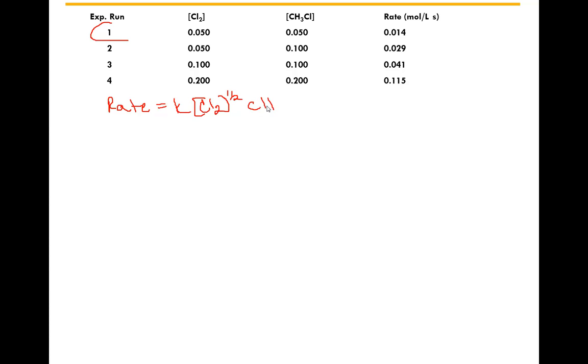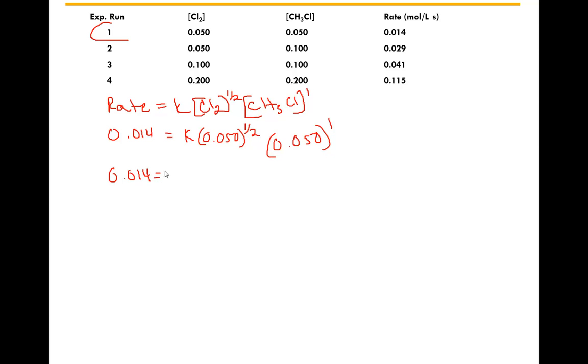So the rate here is 0.014 is equal to K, 0.05 to the 1/2, 0.050 to the 1. So that means 0.014 is equal to K times 0.224 times 0.050.